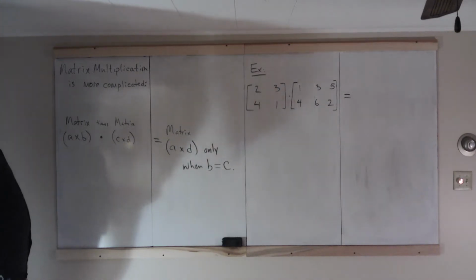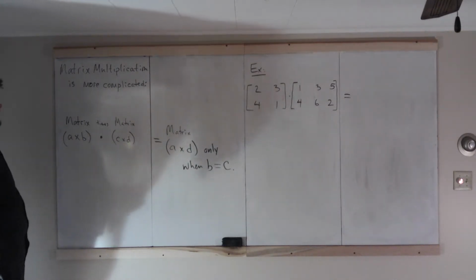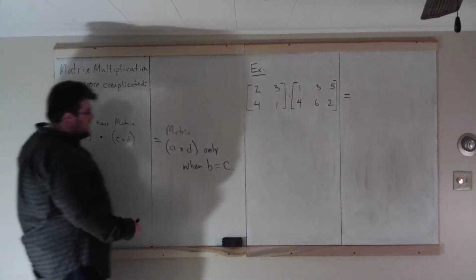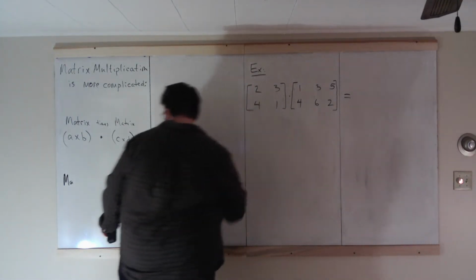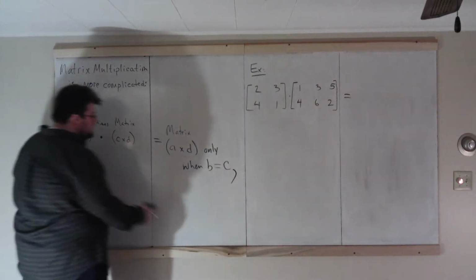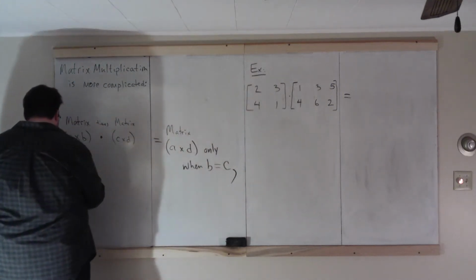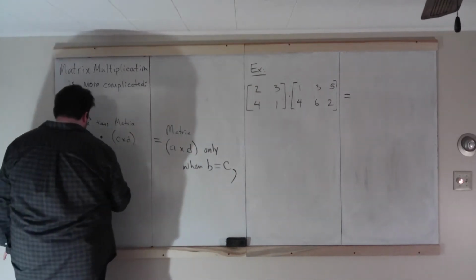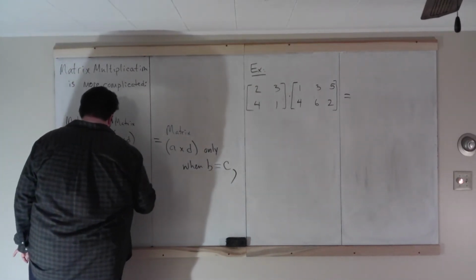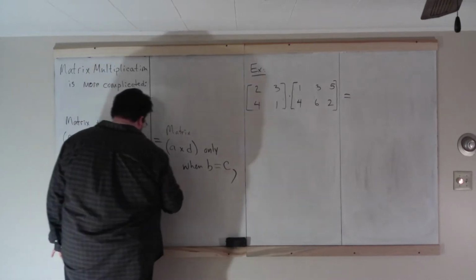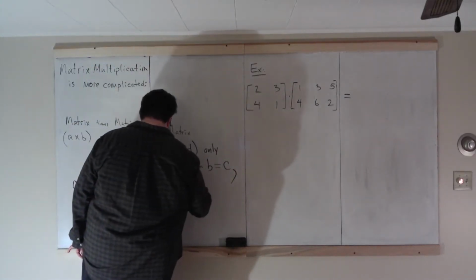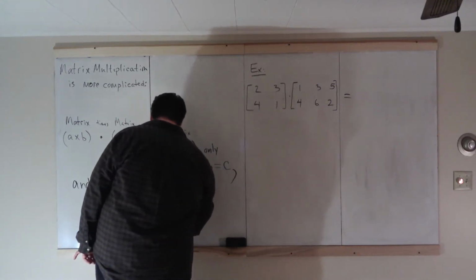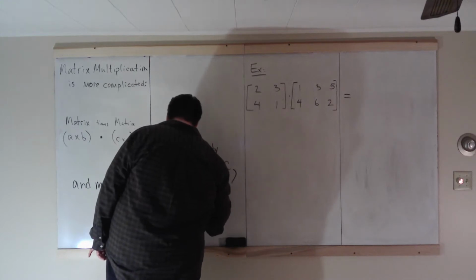But there's one other remark about matrix multiplication to make. Matrix multiplication equals an A by D matrix only when B equals C, and matrix multiplication is defined by, I'll put in quotes, row times column.